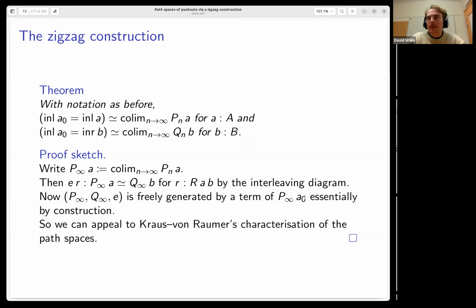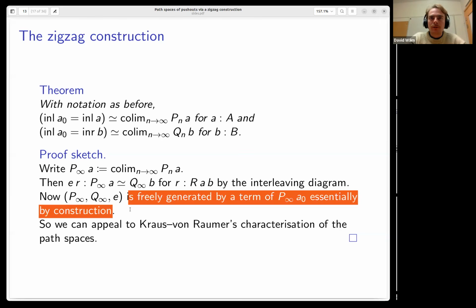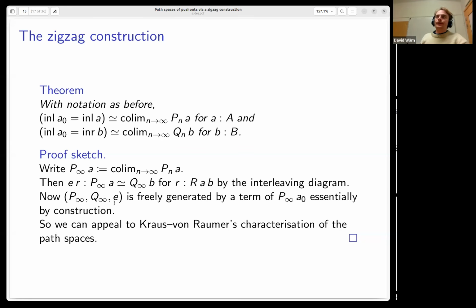So we put in initially exactly enough to get this term. And essentially by construction, I don't want to go into details, this data is freely generated by this term. So I'm claiming that it has the universal property that Kraus-Sattler described. Okay, so that finishes the proof sketch.